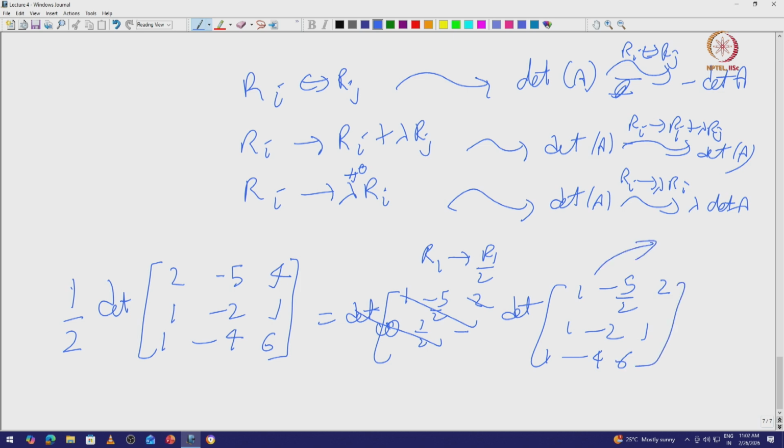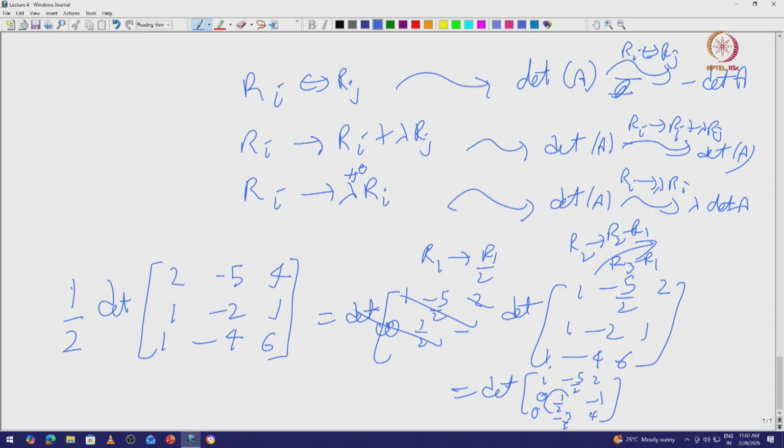Then what did we do next? We cleared these two by these operations, and neither of these operations actually changes the determinant, right? So that determinant equals the determinant of 1, minus 5 divided by 2, 0, 0, half, minus 1, minus 3 divided by 2, 4.